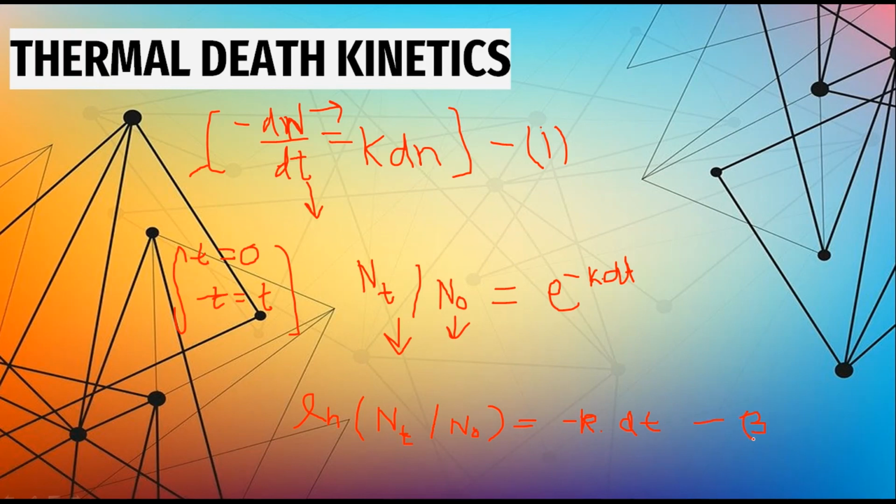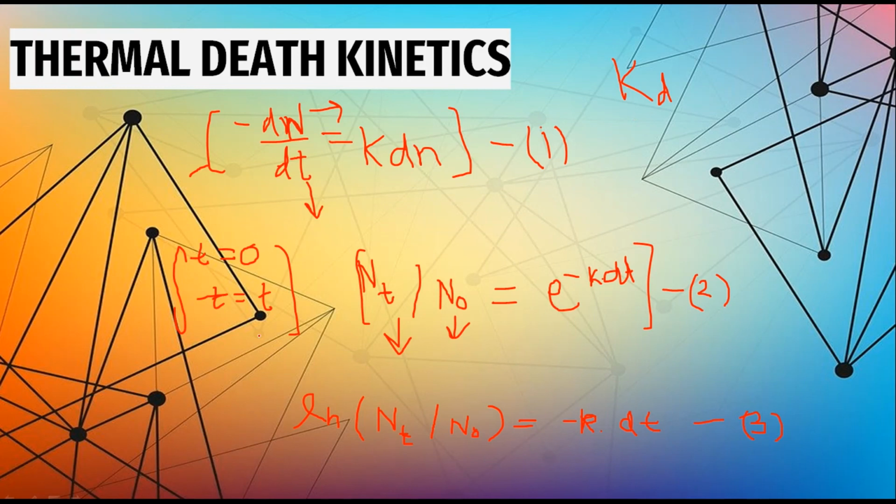So in thermal death kinetics, these three are the most important equations, as these will help you in solving all the numerical parts. So let me recap it for you. What is N here? N is the number of organisms present, t is the time of sterilization, and Kd is the reaction rate constant.